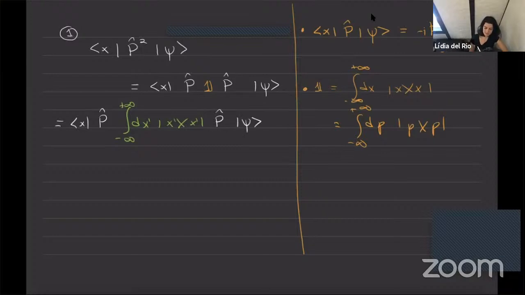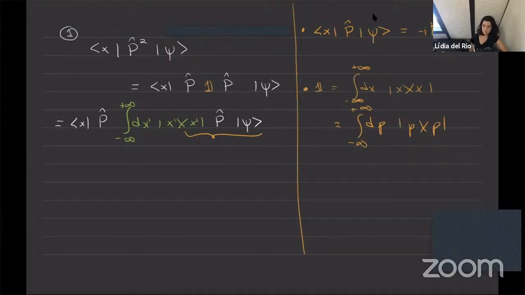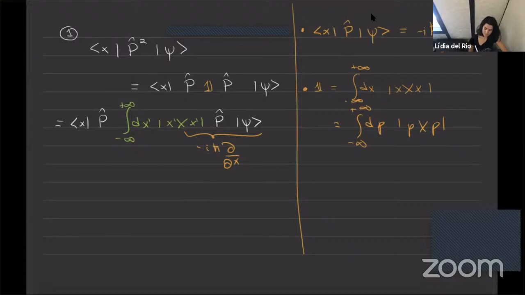And the nice thing is that this thing here, we know because we just told it before, right? So by putting this identity here, you split this thing that you didn't know into two pieces that you know. The next one, we'll see that it will be easy to take care of. Okay. So this is minus I h bar d dx of the wave function of my state at position x prime. Good.